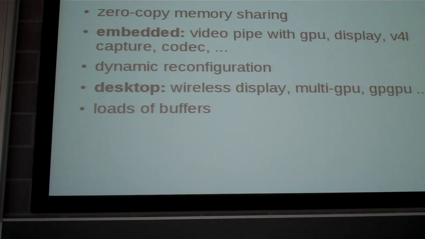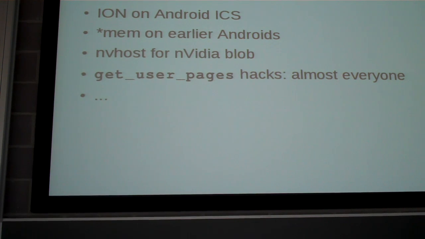So this problem obviously has a lot of use cases. It obviously already works if you're looking at an Android phone. So solutions: we have ION in Android ICS. We have, I think, four different memory allocators on previous Androids. I think every binary blob GPU driver has its own solution.